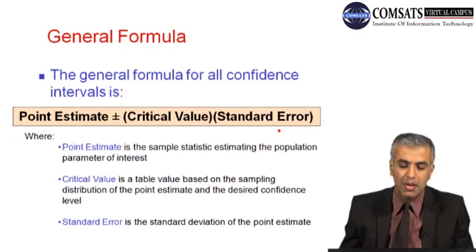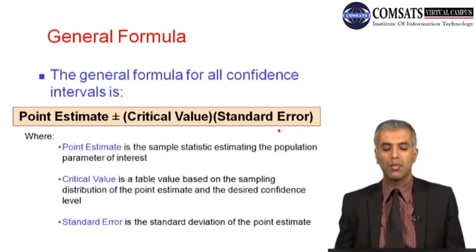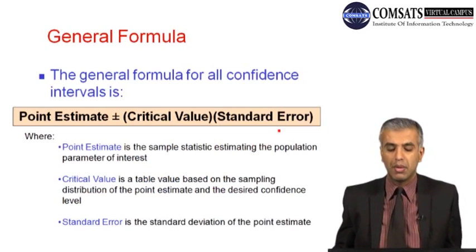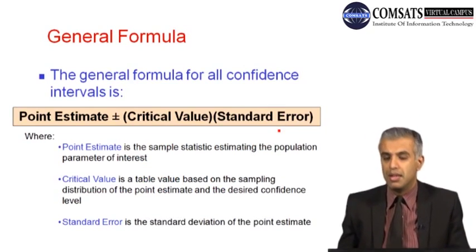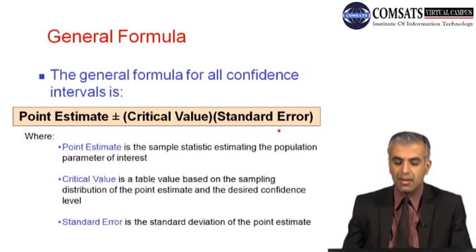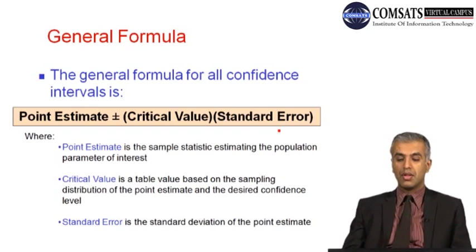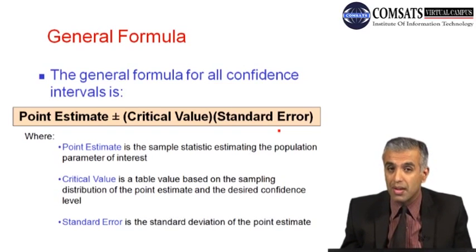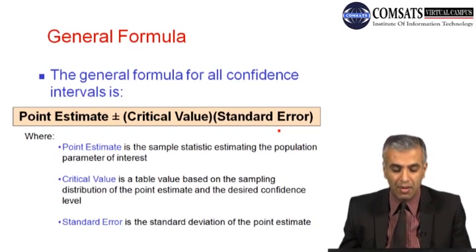The general formula for all confidence intervals is the point estimate plus or minus the critical value times the standard error. The point estimate is the sample statistic used for estimating the population parameter of interest. The critical value is based on the sampling distribution, and its value is calculated from that distribution for the point estimate and desired confidence level.